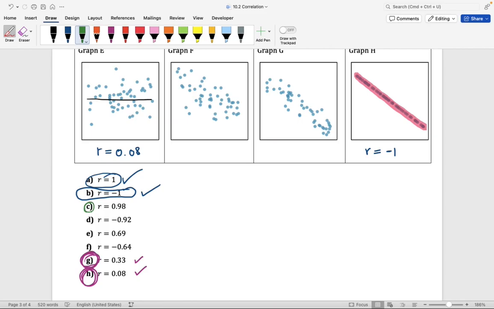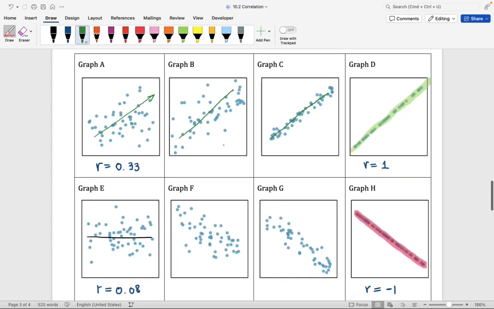That would be R equal to 0.98 and R equal to 0.69. So you know that for graph B and C, you're supposed to have an R value that is positive. Now you need to think about which of these graphs has a stronger linear relationship. The one that has the strongest linear relationship should have the R value that is closer to 1.